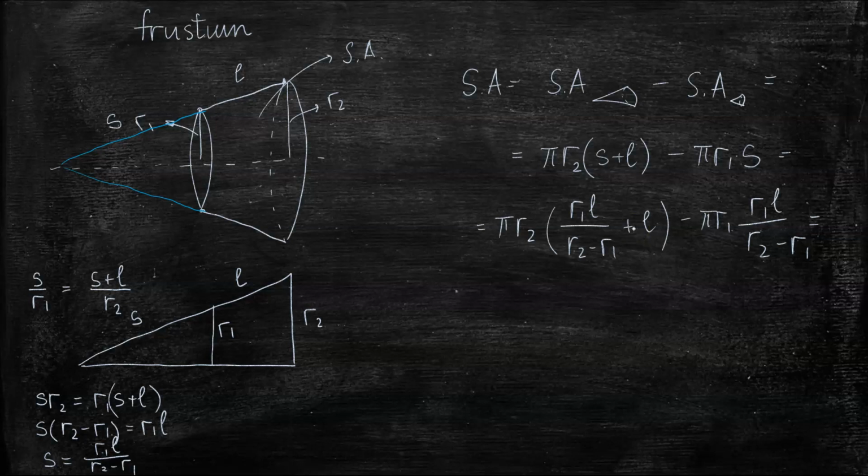And we're probably going to have this 1 over R2 minus R1 over here.